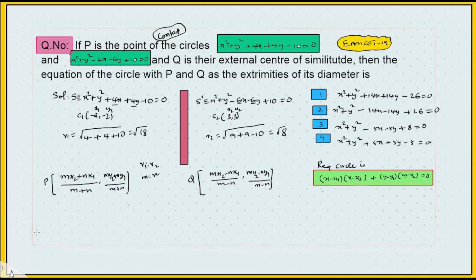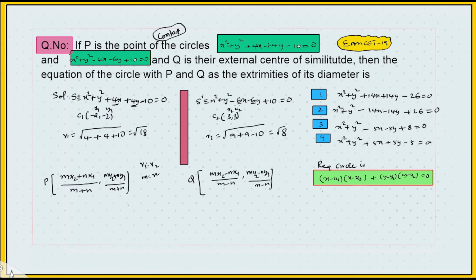To find P and Q, first find C1, C2, R1, R2. Center of the first circle, half of x coefficient, y coefficient with opposite sign, is (-2, -2). Radius is root of g square plus f square minus c: 2 2s are 4 plus 2 2s are 4 minus, minus 10 becomes plus 10, so root 18.